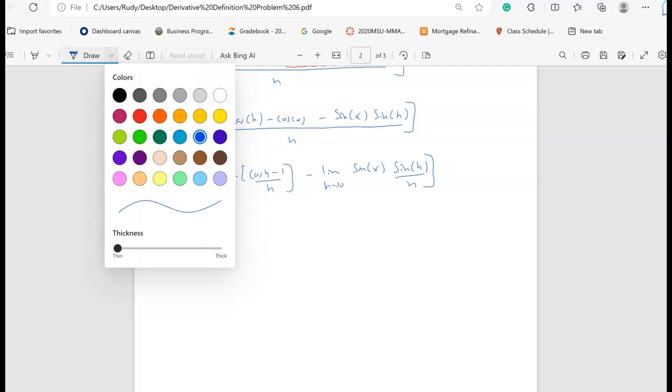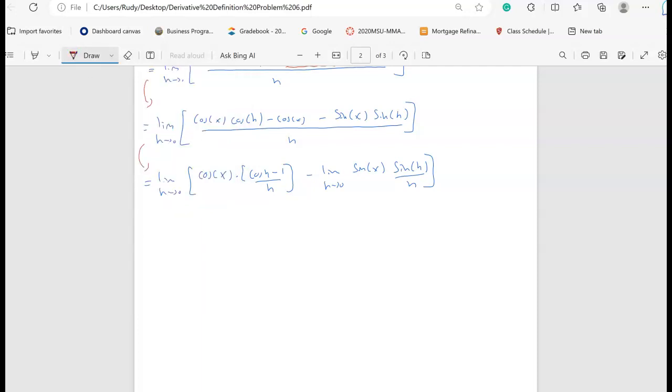And then, since we're taking the limit of h, your cosine of x and your sine of x represent constants. So you can take them out of the limit.